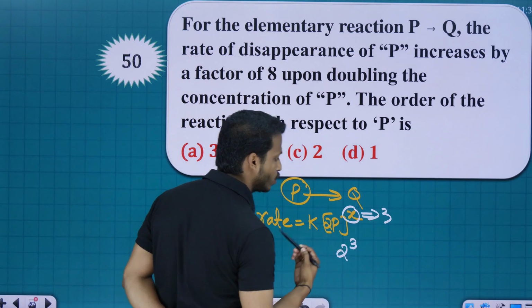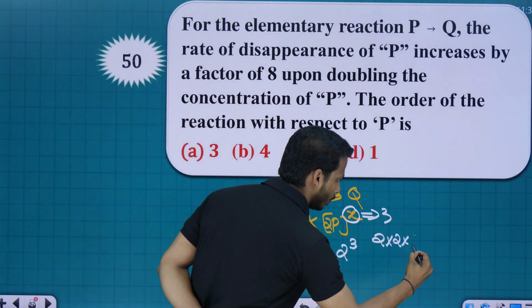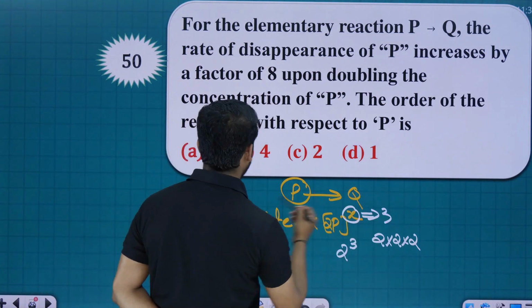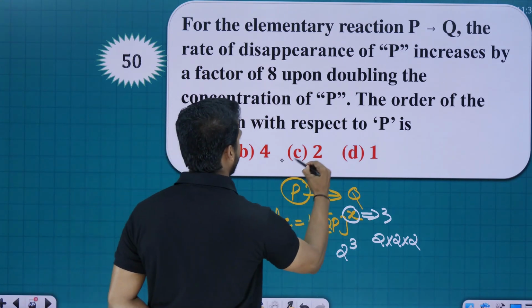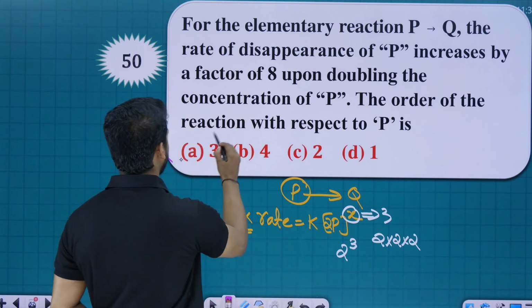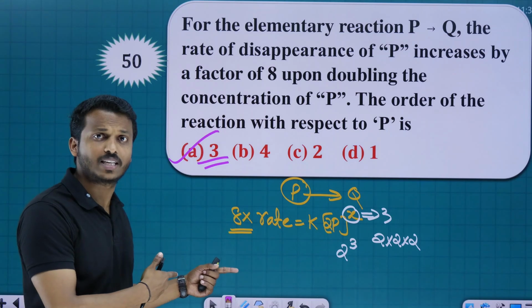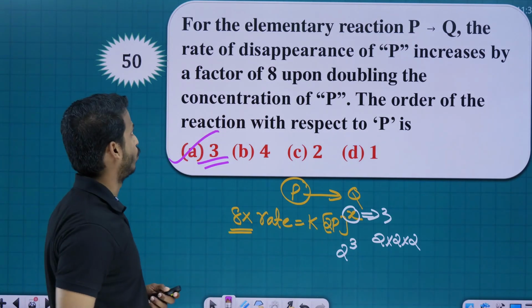Then only 2 raised to 3, that is 2 into 2 into 2, it will be 8 times. So what will be the order of the reaction? It will be third order reaction. So I think we discussed 3 questions of the same type. This is the same question they asked in the 2024 board exam.